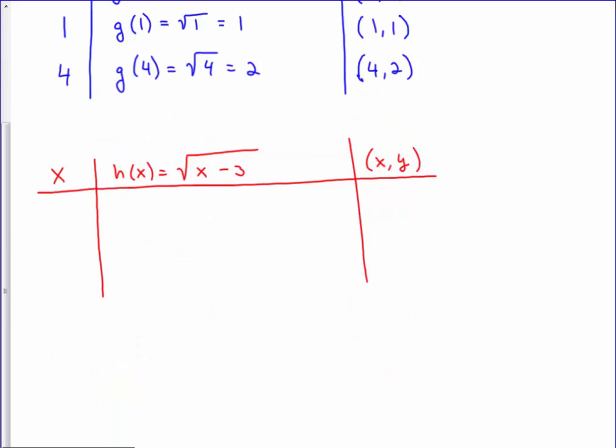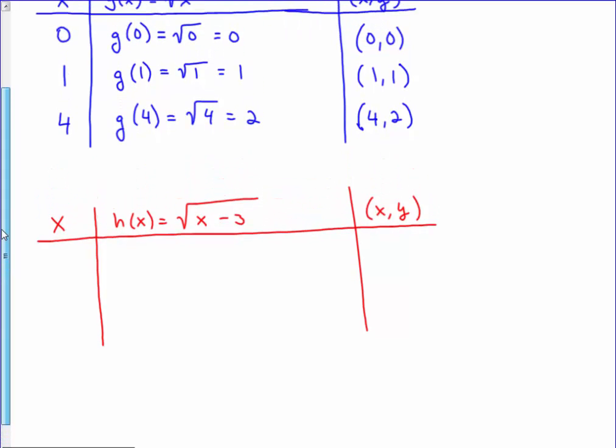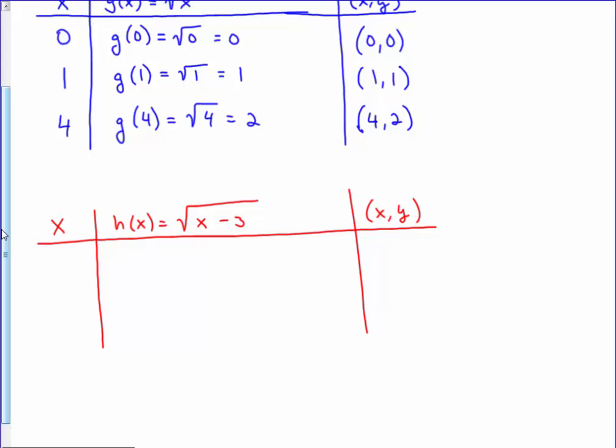Now, in this particular situation, be careful because it's not just x underneath the square root. We're taking x and we're subtracting 3. So for example, the first x value that I used above was 0. That wouldn't work in this function because if I plug 0 in where x is, I'll get 0 minus 3, a negative number that I can't take a root of. The first value that I could take a root of would be whatever value of x would make the value underneath 0.